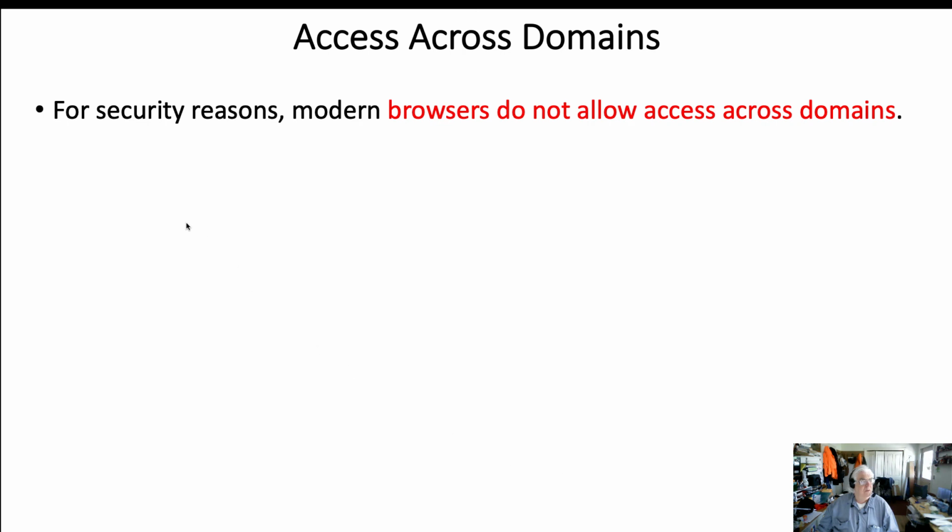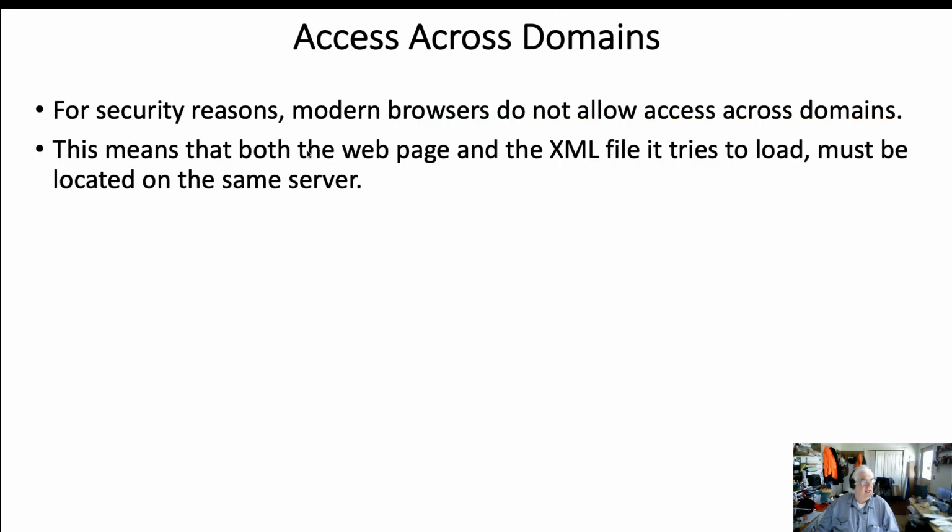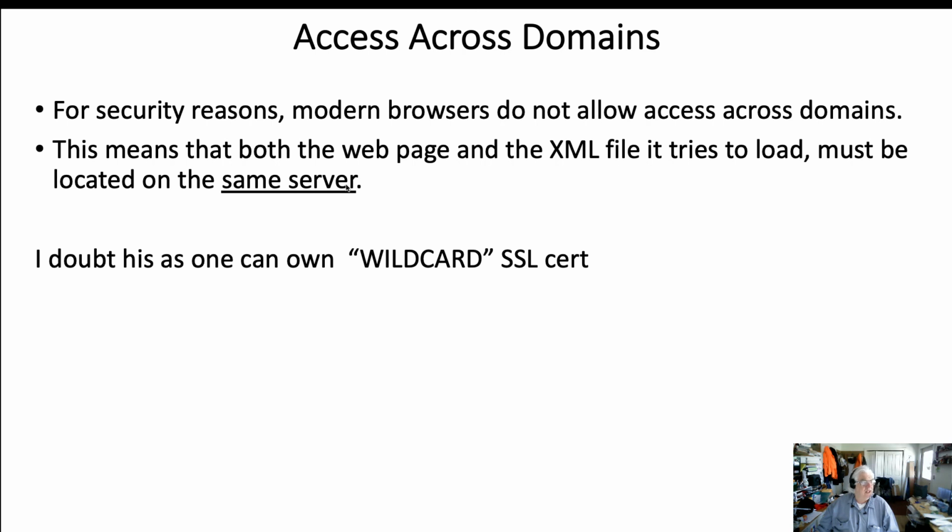So for security reasons, the modern browsers do not allow access across domains. And I took these points from a W3Schools tutorial, and they say that the file you try to load must be on the same server. I don't think that's right. I don't think it has to be on the same server.